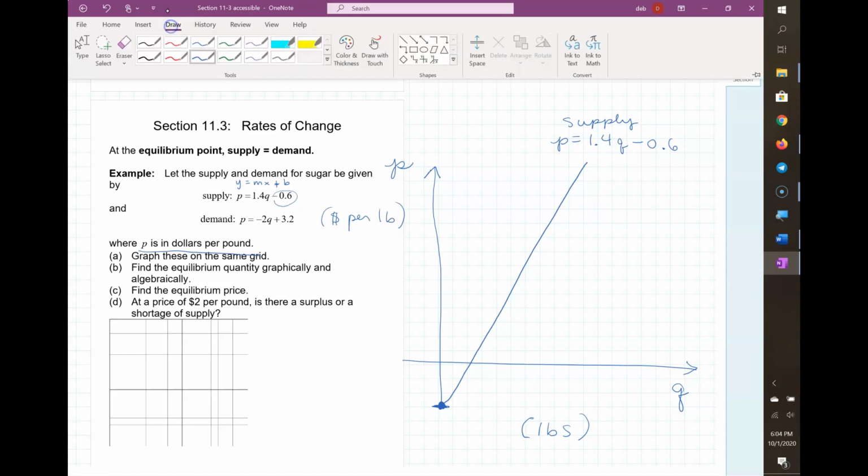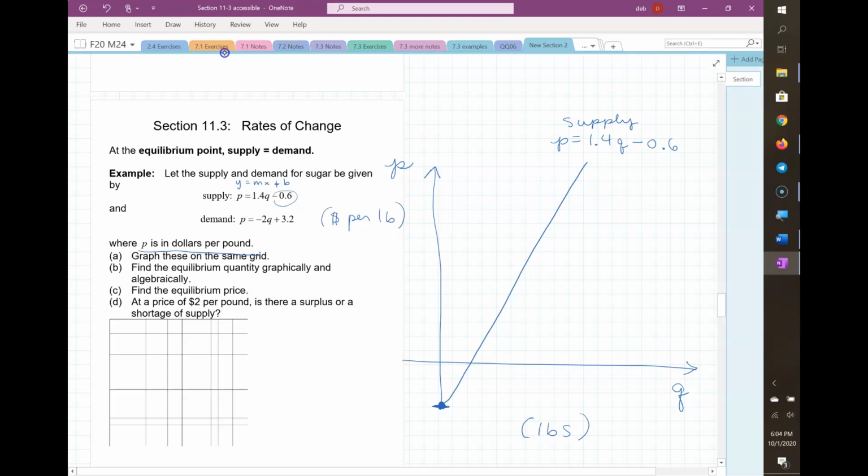What it's saying to me is if the price is high, people will buy this many. If the price is lower, people will buy, sorry, this is the supplier. If the price is high, the supplier will make a lot.